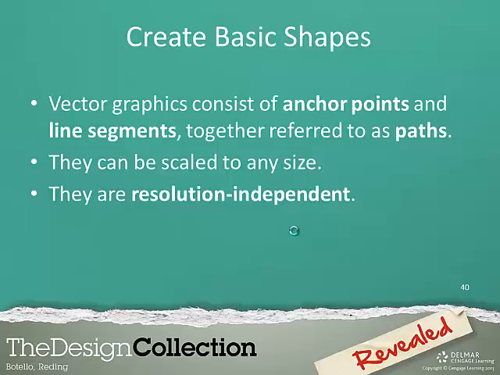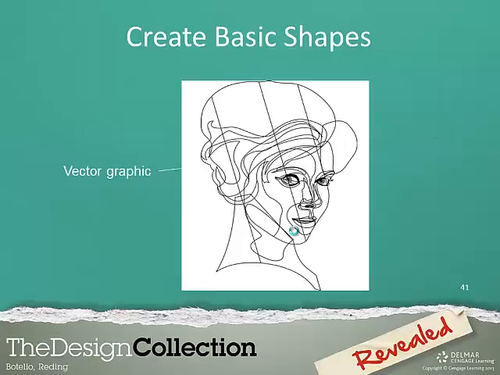Changing their size won't cause fuzziness or jagged edges in your image. Okay, and this shows the lines of a vector graphic, how detailed the lines and the paths are that created it.